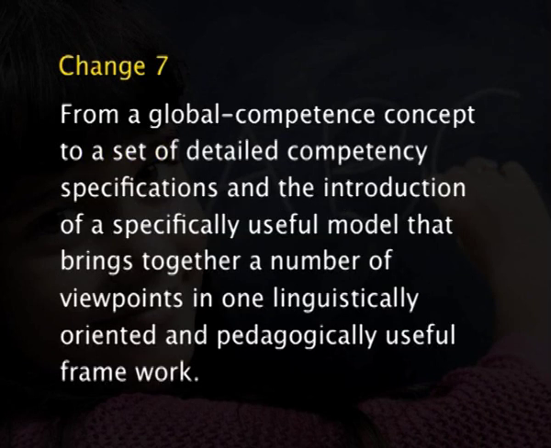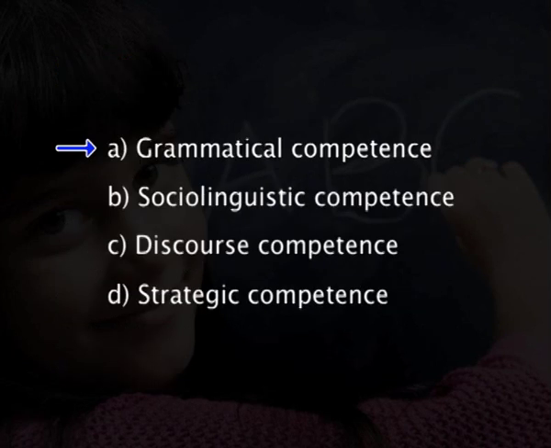Change number 7, from a global competence concept to a set of detailed competency specifications, and the introduction of a specifically useful model that brings together a number of viewpoints in one linguistically oriented and pedagogically useful framework that takes care of A. grammatical competence, B. sociolinguistic competence, C. discourse competence, and D. strategic competence.